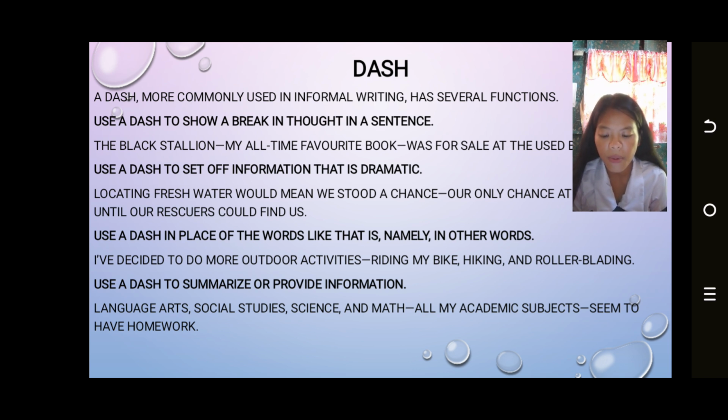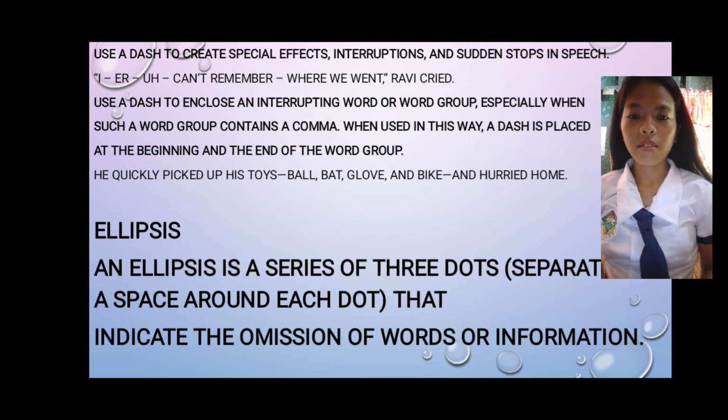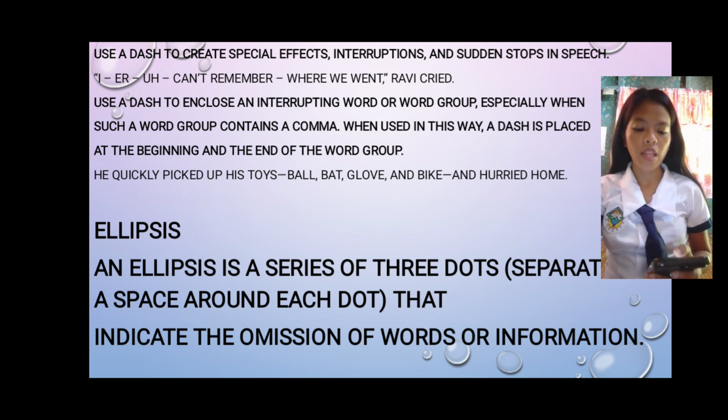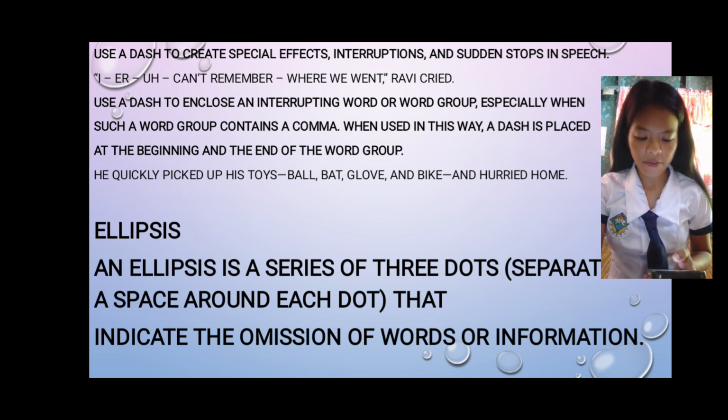Use a dash to summarize or provide information. Language arts, social studies, science, and math - all my academic subjects seem to have homework. Use a dash to create special effects, interruption, and sudden stops in speech. "I - I can't remember where we went," Ravi cried.